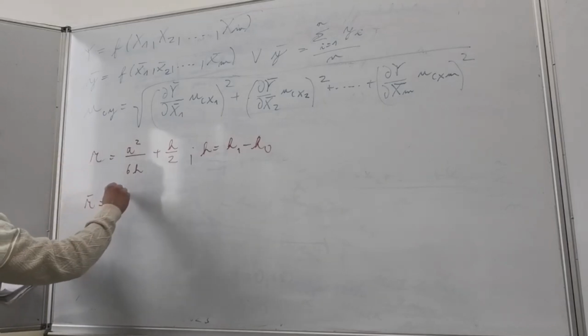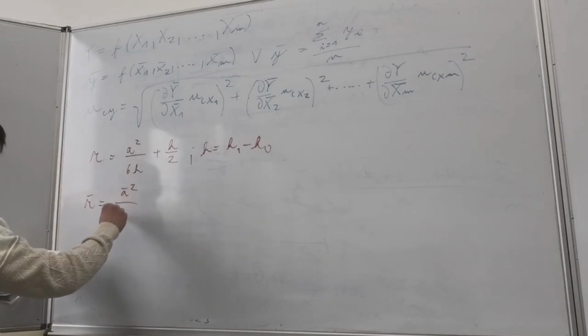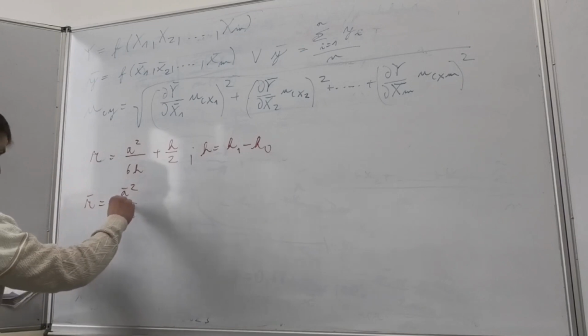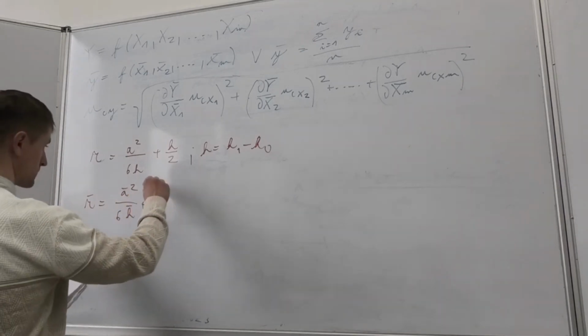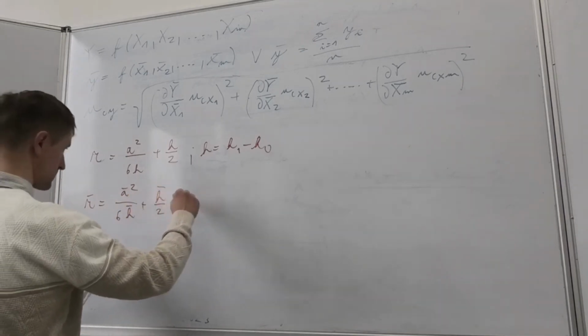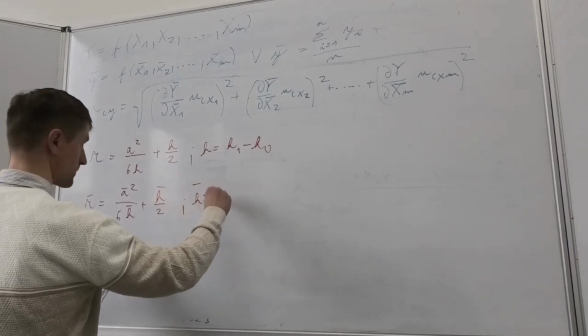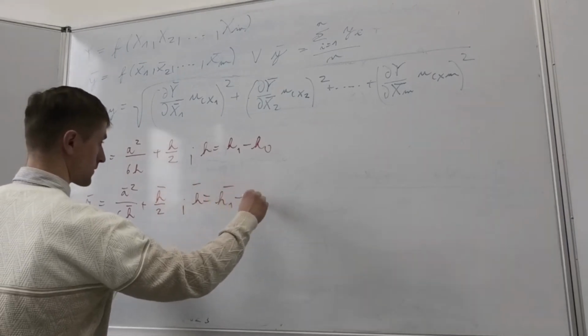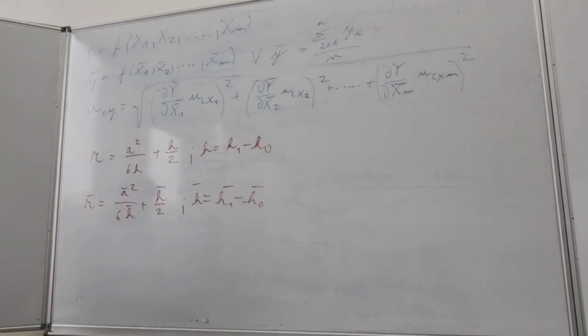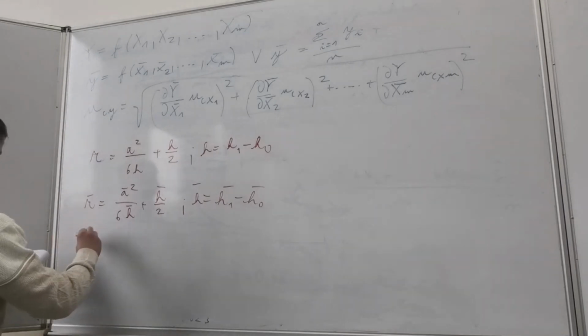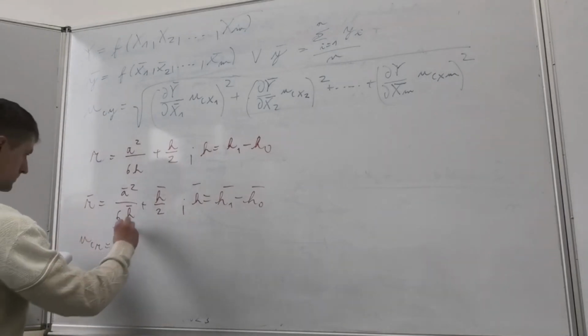So you can simply calculate the arithmetic mean of the radius R by substituting the arithmetic means. And the combined standard uncertainty UCR.